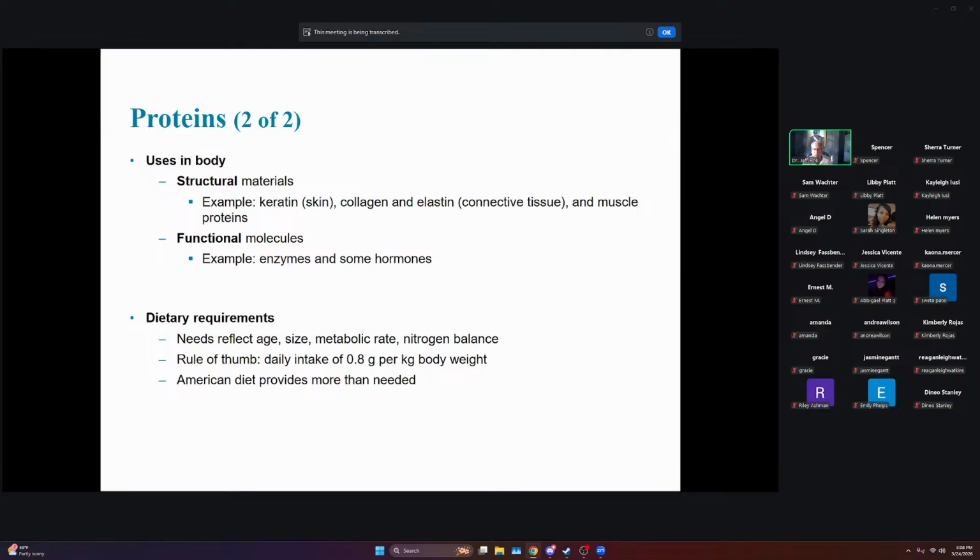Constantly, our skin, our epidermis is going through mitosis and generating new layers, right? So the structural building of our body, tissues, cells, organs, is all generated because of proteins that we ingest. Okay, then we have molecules like enzymes and hormones, things that I mentioned already, that also are protein in nature.